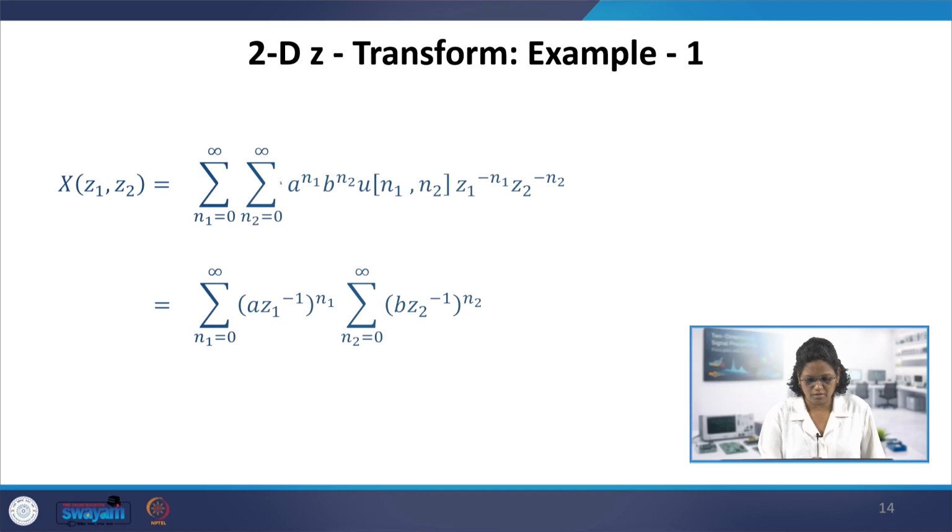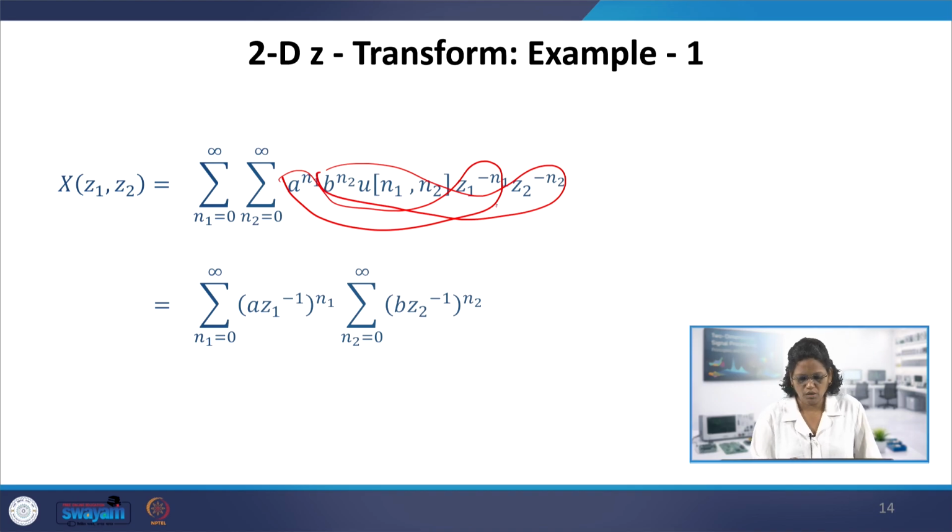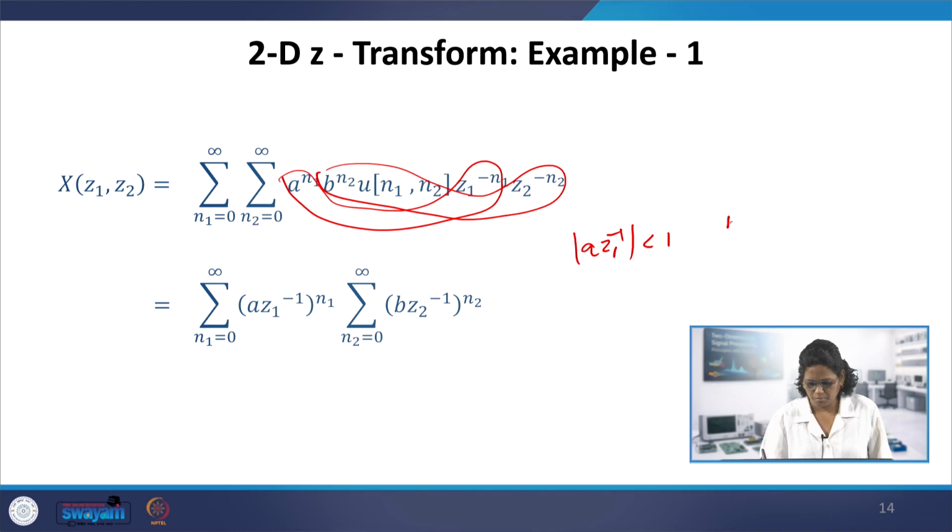Similarly, this is one pair and this is another pair, b with z2 power minus 1 to the power n2. To find the closed form solution, a z1 power minus 1 should be less than 1 and b z2 power minus 1 should be less than 1.